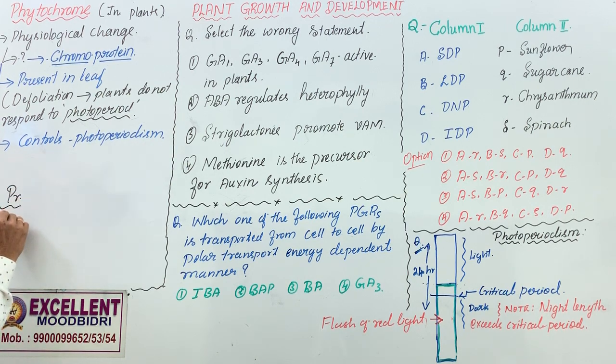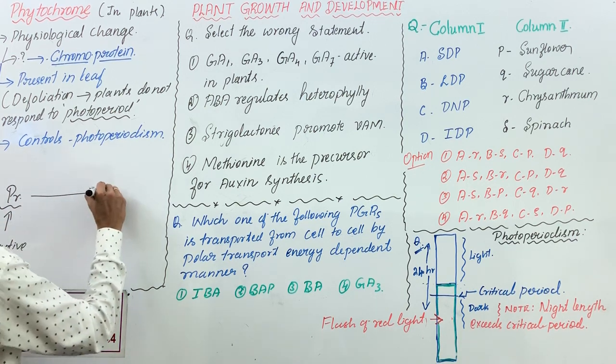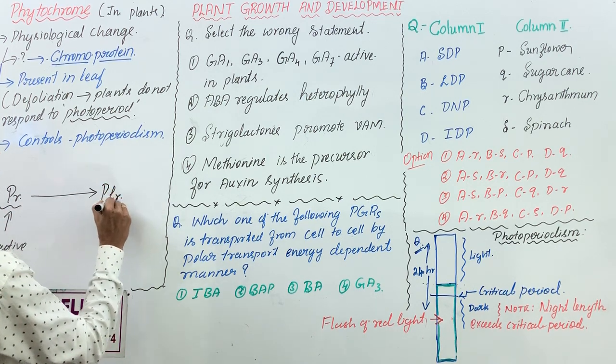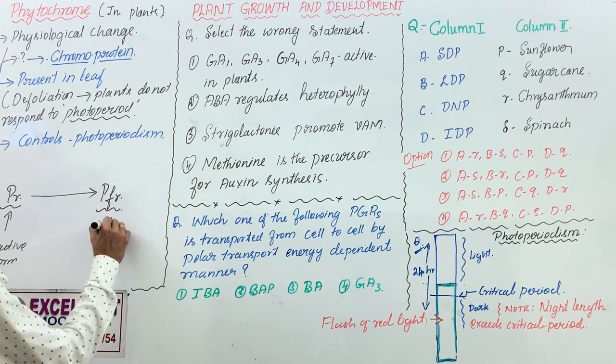PR, this is the inactive form. The active form of this chromoprotein is PFR. This is given in your reference book, McGrath reference book. This is the active form.